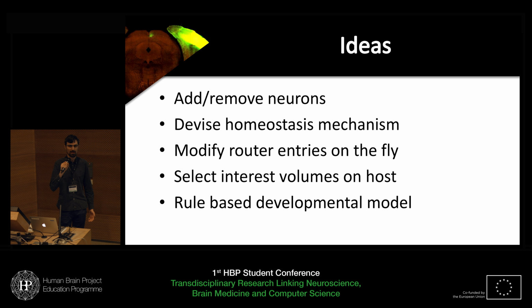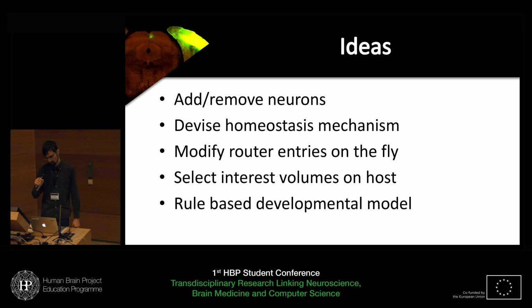Also, for the fact that we don't actually have spatial information, it would be a good idea to select volumes of interest or voxels on the host and then place them on the 2D thing that is the board and the placement of the chips.